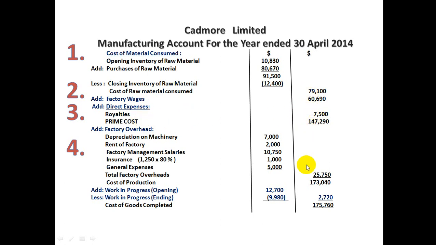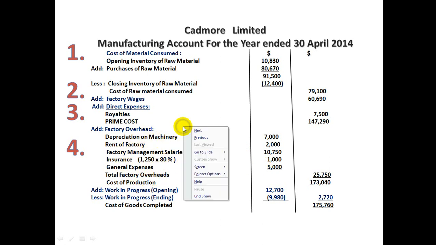In prime cost we need to add total factory overheads. So let's prepare a list of factory overheads. This is the fourth main portion of our manufacturing account. In factory overhead we take all indirect expenses like machinery depreciation, rent of factory, factory management salaries, insurance, general expenses.